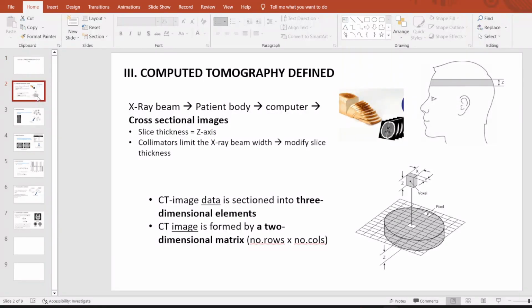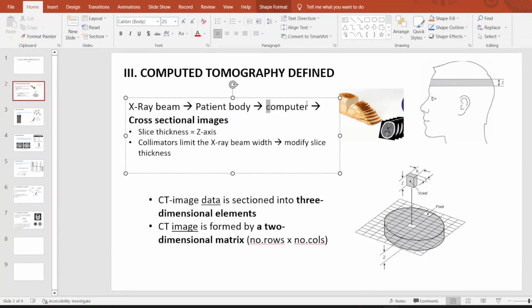Well, we're going to the computer tomography definition section. Just like I said in the previous video, our CT machine has a narrow X-ray beam, and this beam goes through the patient's body. After interacting with our body, the remaining X-ray beam meets the radiation detector, and the detector scans our beam profile and translates it into data.